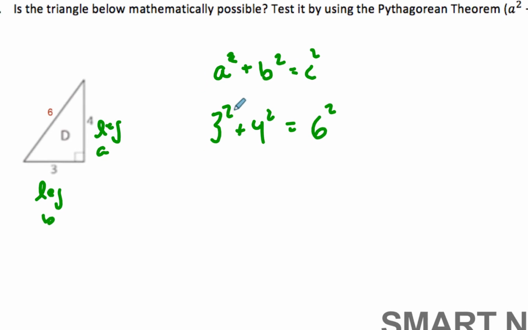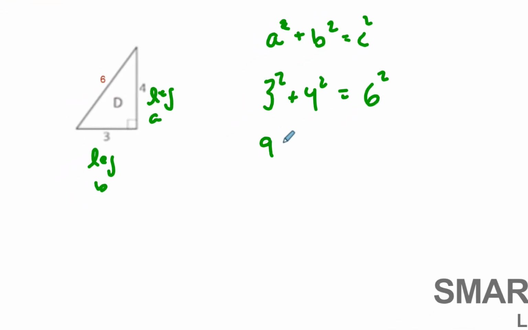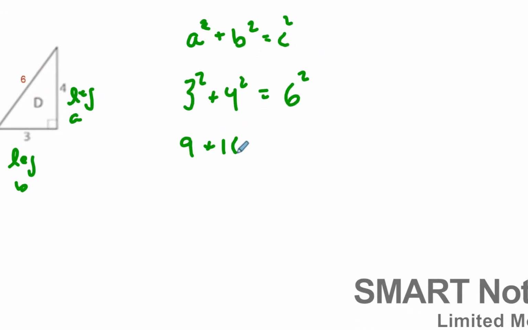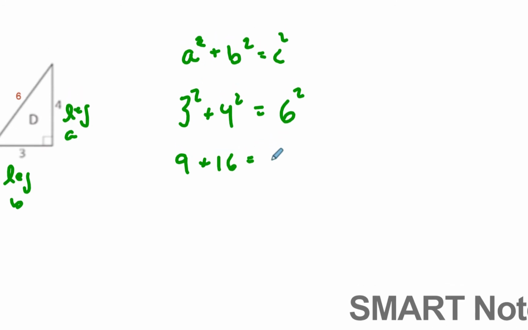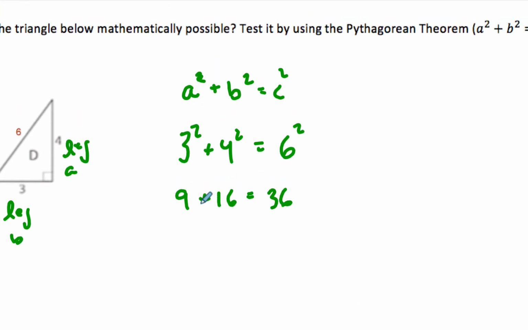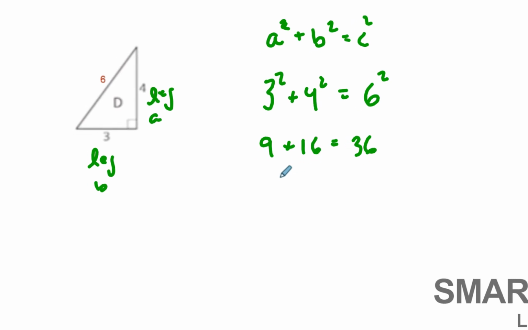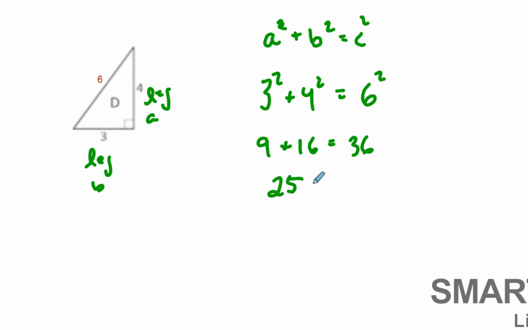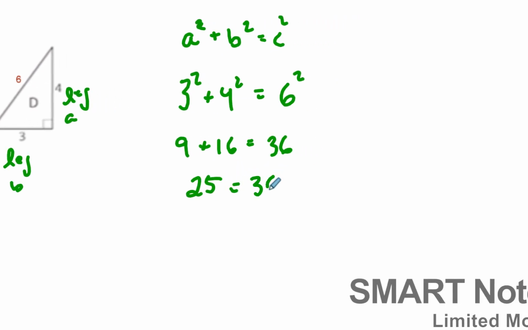And if you do the math out here, 3 squared is 9, plus 4 squared is 16, and 6 squared is 36. Now if we add together 9 and 16, that does not equal 36. So therefore we can say that it is not mathematically possible to have a right triangle with legs of 3 and 4 and a hypotenuse of 6.